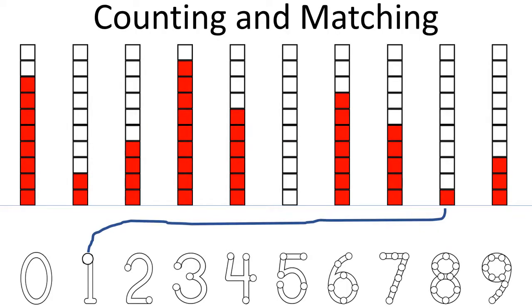So instead we can start to practice drawing the digits, and also when we're doing our counting, we can match the quantity of objects with the digit. And you can see here we've got the digit 1 is matched with the stack of just 1 brick, and the children can join the numerals with the correct stack of bricks.